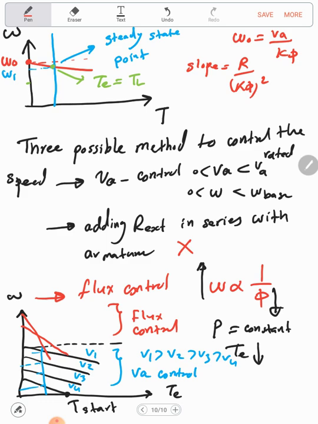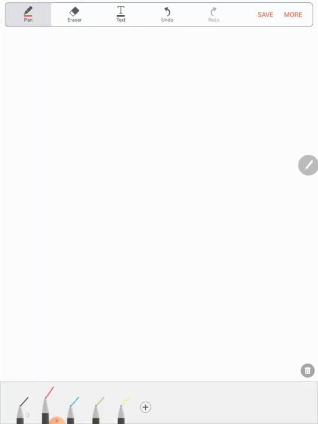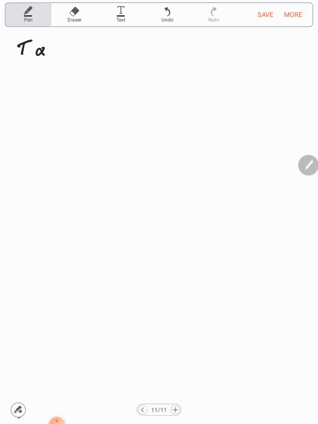Now, in the flux control, we know that the torque is proportional with IA and IF. So this means that it's proportional with the flux and the IA.